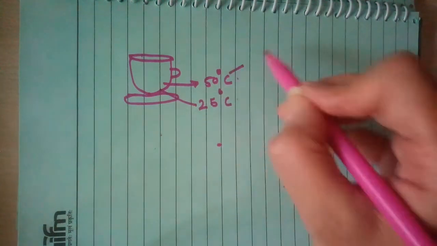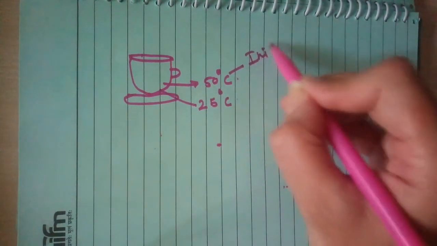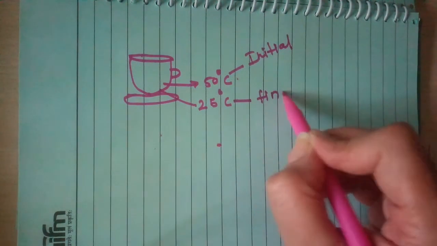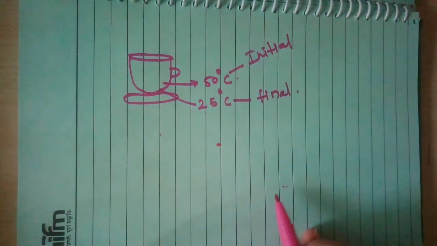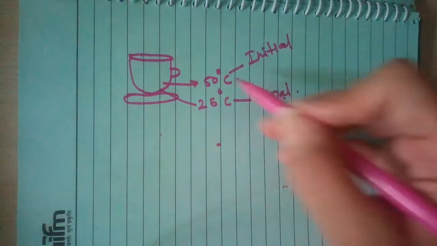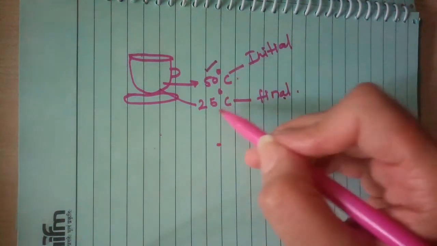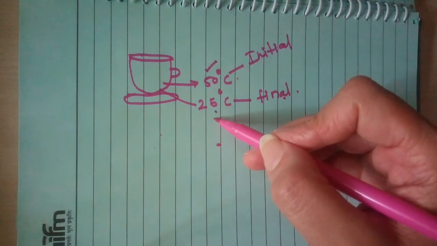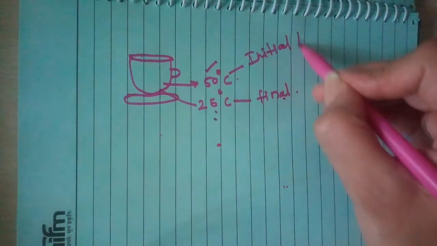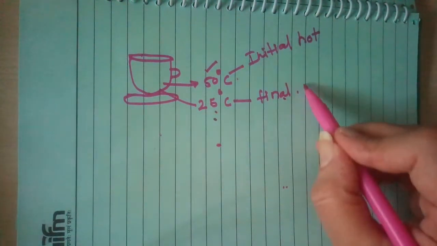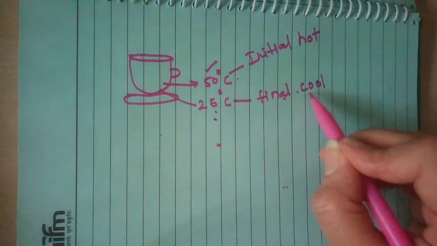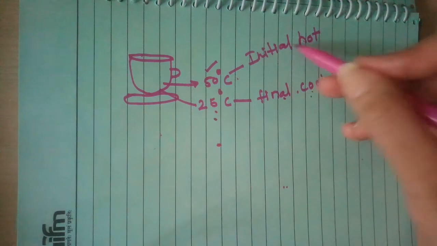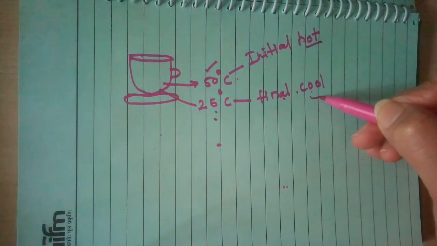So this is the initial state and this is the final state. Initially the temperature was 50, finally the temperature was 25 degrees Celsius. So here it is in a hot state, and here is a comparatively cooler state or cold state. So the state of the system can be changed from hot to cool.